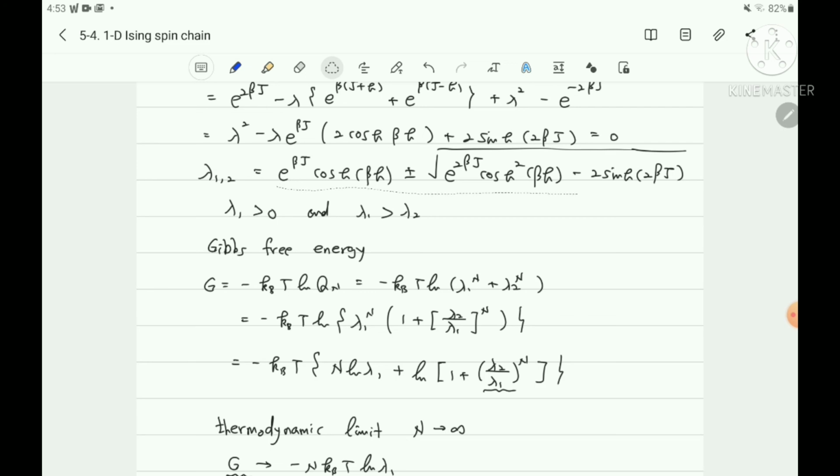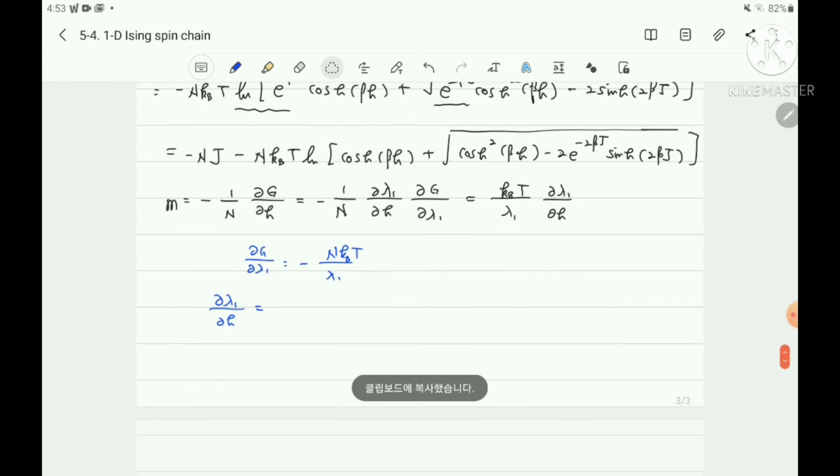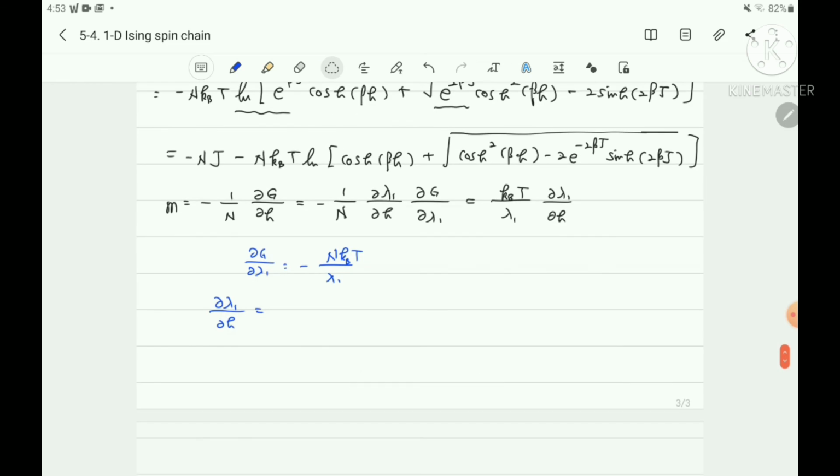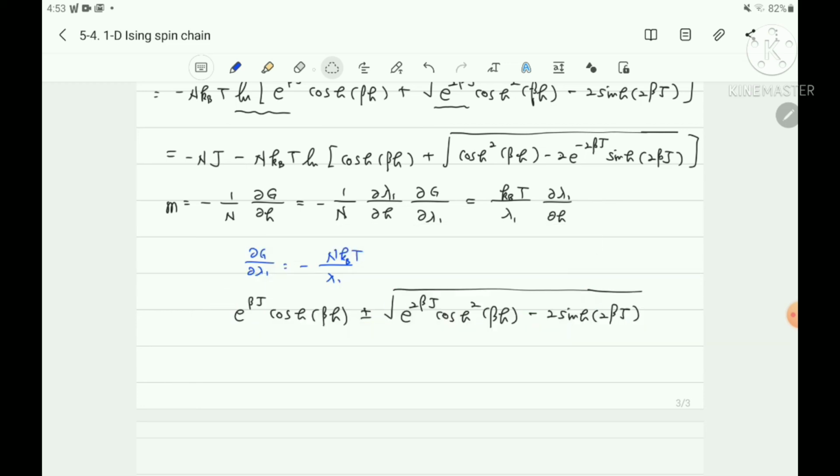Let's copy this one also. Then lambda 1 is only plus.